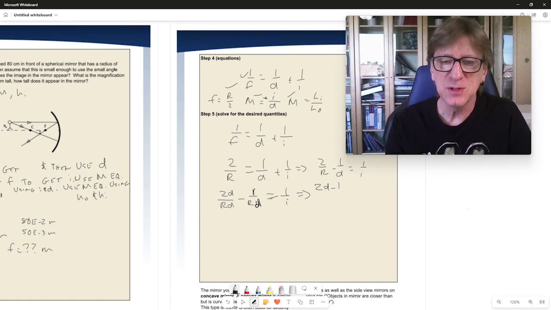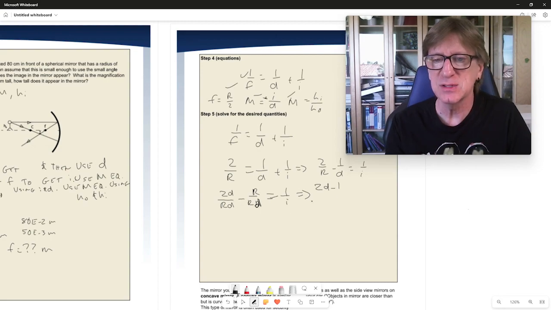Oh, whoops, sorry, that should be R, right? Because we need the R's to cancel and be left with 1 over D. Let's redraw that. And so then this becomes RD. There we go. Divided by RD must equal 1 over I.